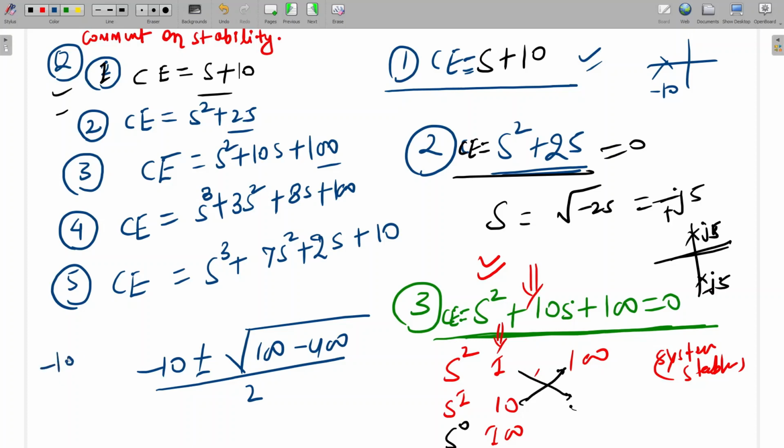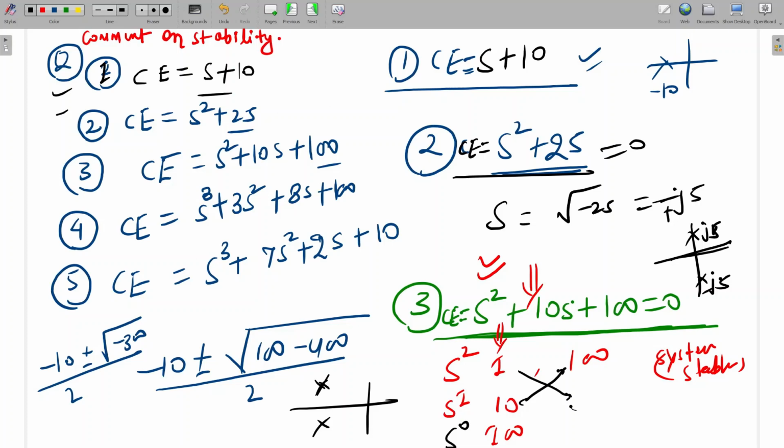So minus 10 plus minus under root minus 300 by 2. So if you see, this pole will come on the left hand side. So system is stable. Is it clear up to now? Okay sir, clear sir.